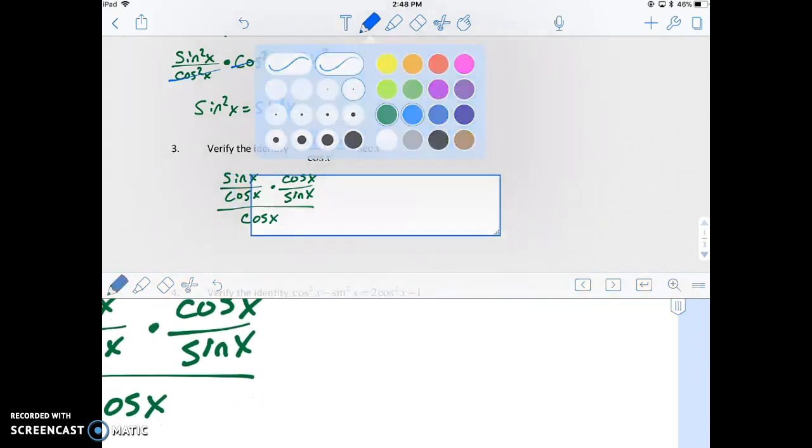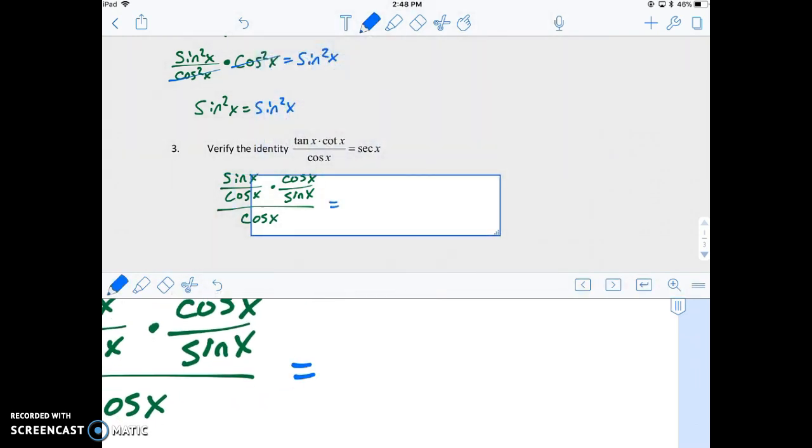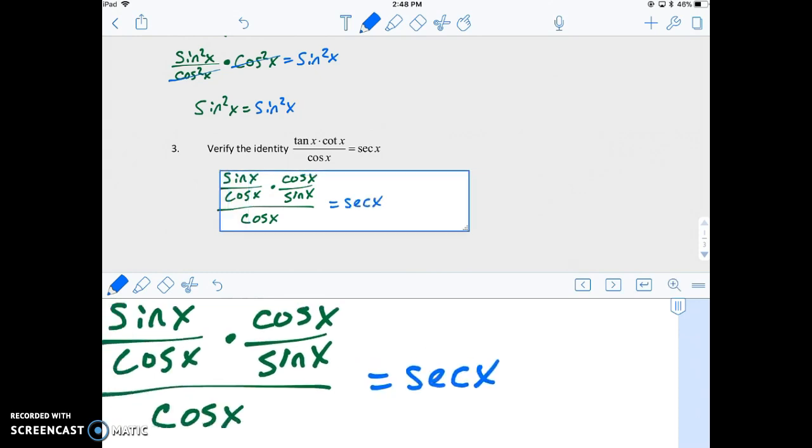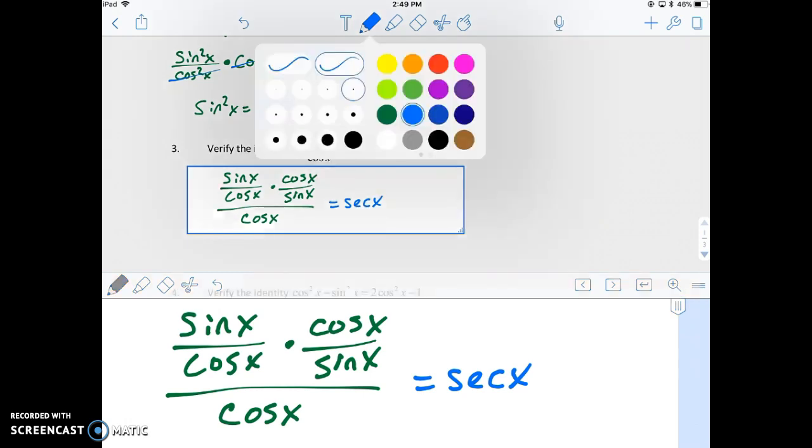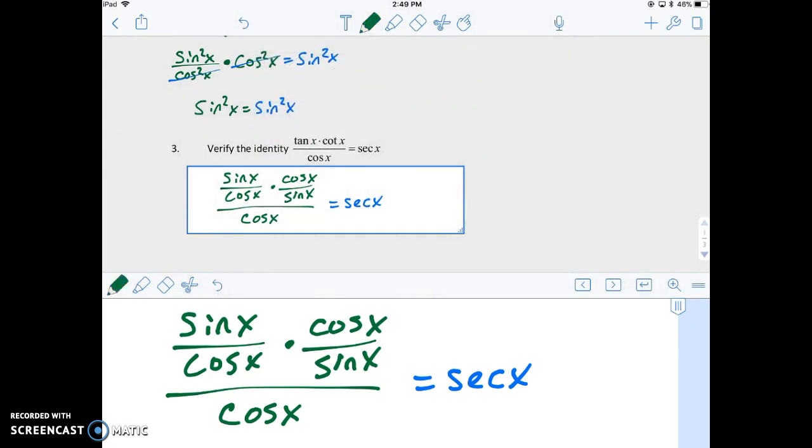My suggestion is if you see a sine or a cosine, do not change it until you have to. But if you notice this, you should notice something fairly obvious in the numerator to help you continue with the next step. You know you're done with the problem once the left side is also a secant of x.